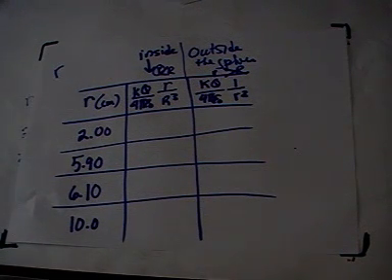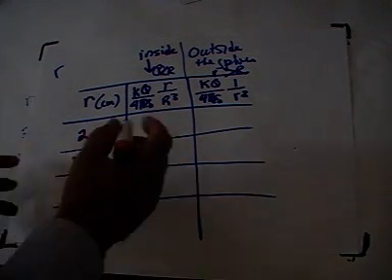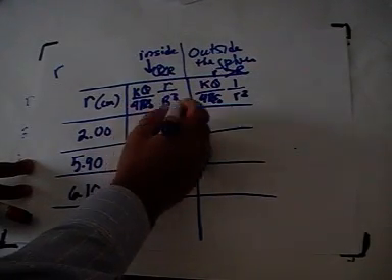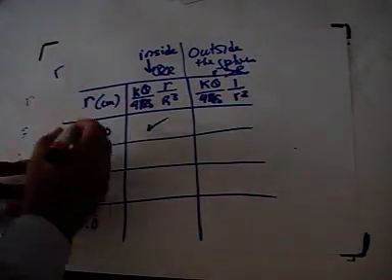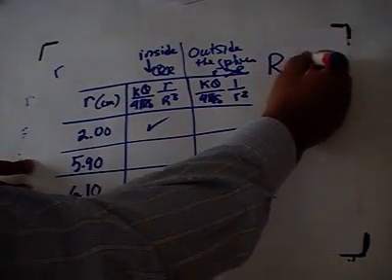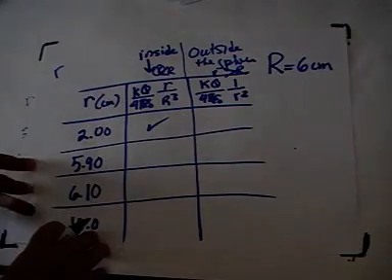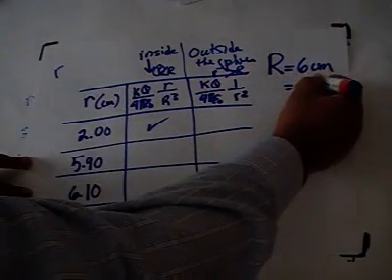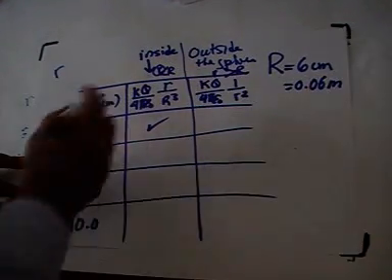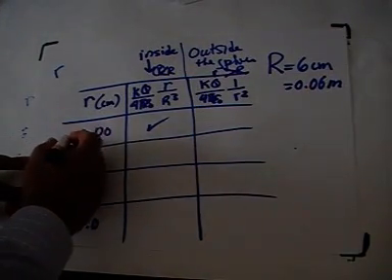So if we look here, 2 centimeters, that means I have to apply this one. Remember, my r in this case is 2, and my big R is fixed, which is equal to 6 centimeters. Of course, you have to work in meters, so this will be 0.06 meters.